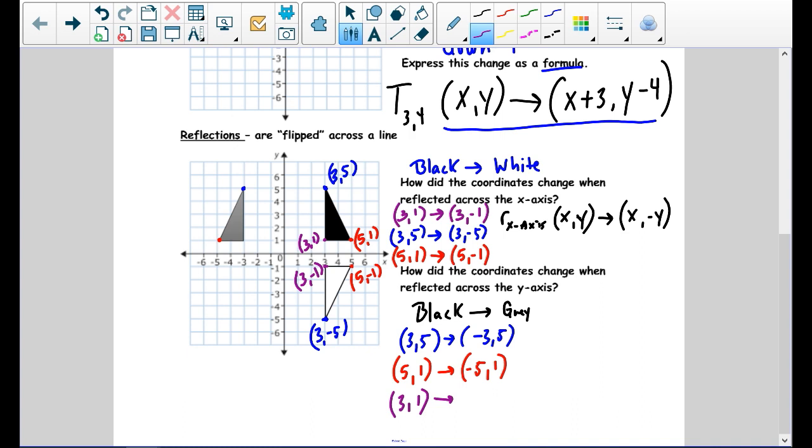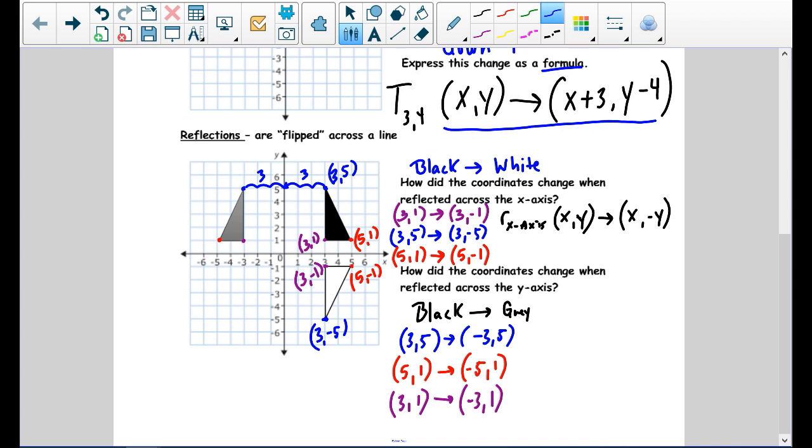Gets reflected, negative 3, positive 1. So again, the distance is going to be the same. We're just going straight across. So if I want to look at this, I can say 1, 2, 3. So from that reflection point, 1, 2, 3, there's my new point. Okay?